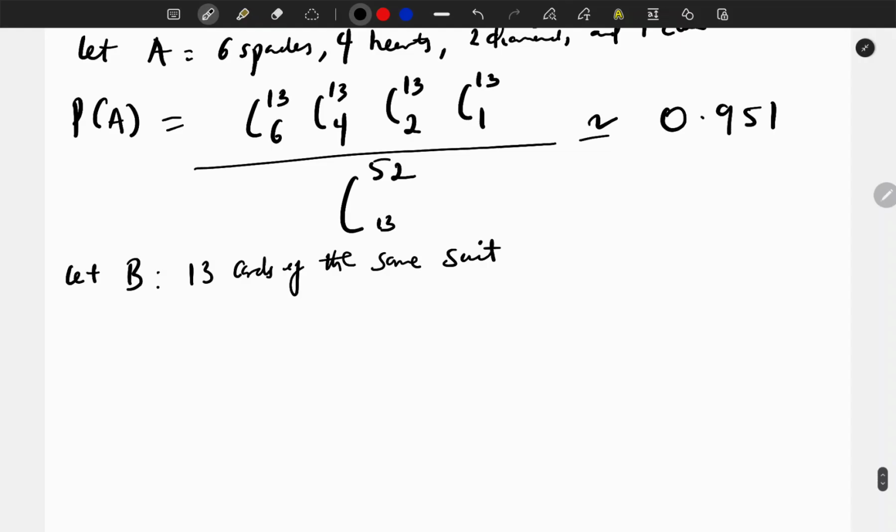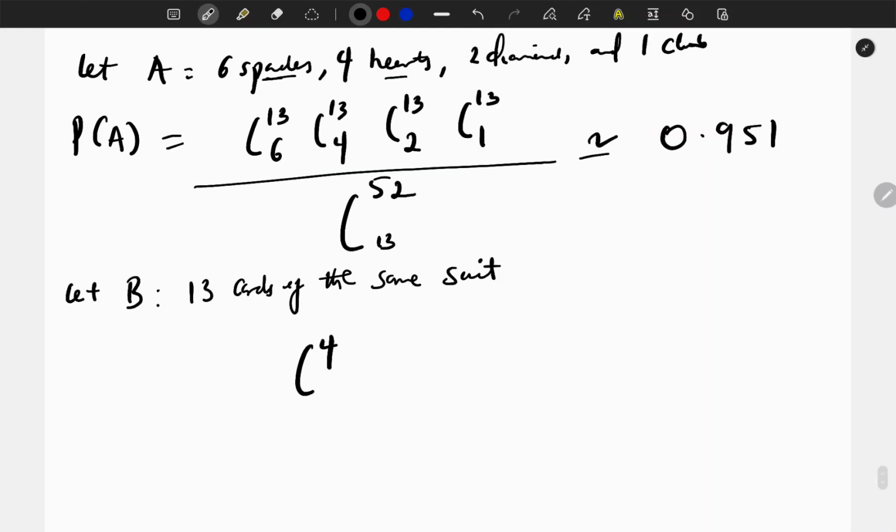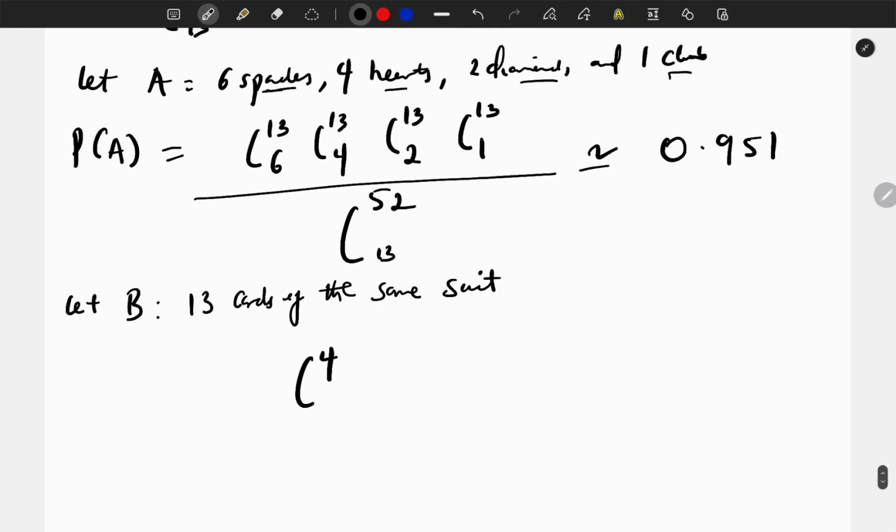In the cards we have 4 suits: spade is a suit, heart is a suit, diamond is a suit, and club is a suit. Those are the 4 suits we have. Out of these 4 suits we pick 1, then after picking 1, we pick 13 out of 13, and that is 1.